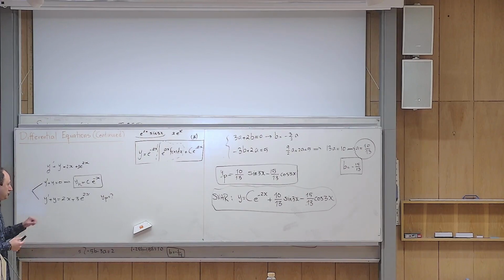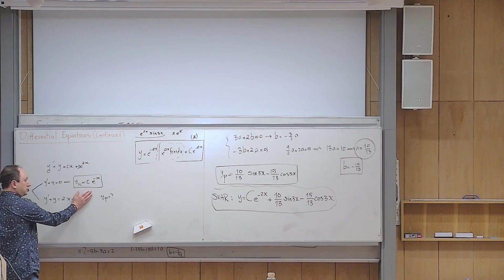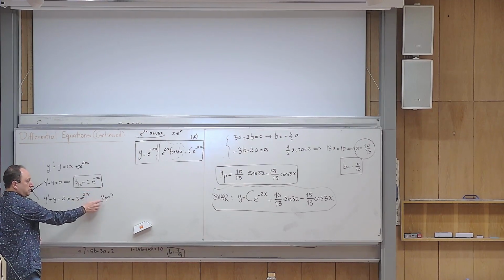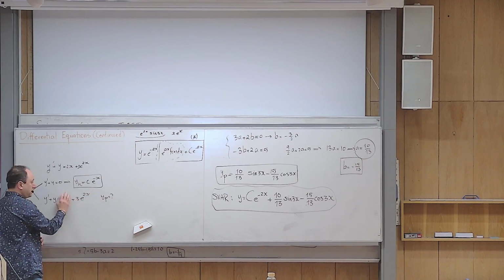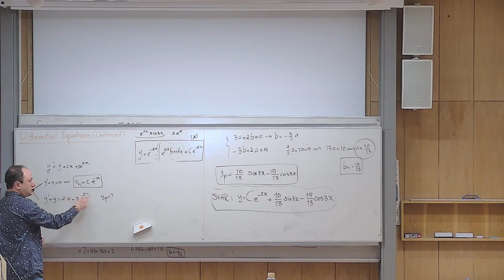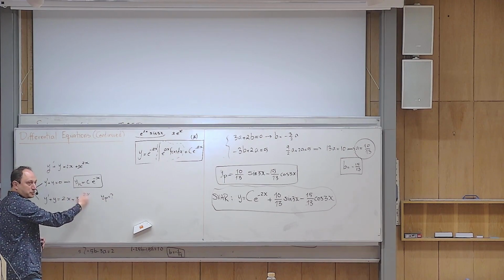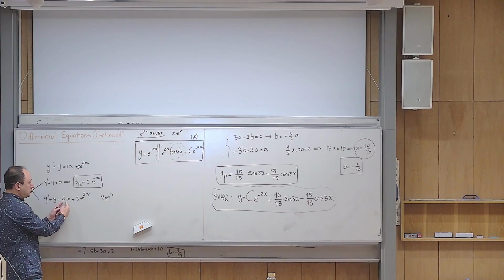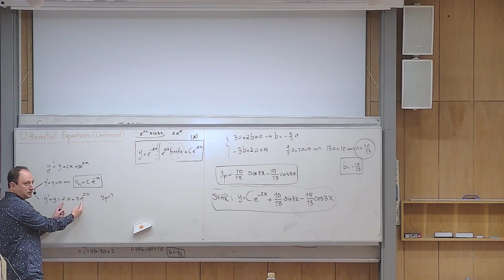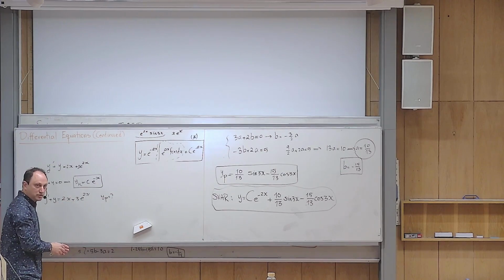But I hope that you feel the difference. In this case, you knew what to do. Your educated guess would be among polynomials. But if I gave you the other, you knew that your educated guess would be among exponentials. But now, if you just say polynomials, there is no way for you to generate this combination. And if you say only exponential, there is no way for you to generate this combination.